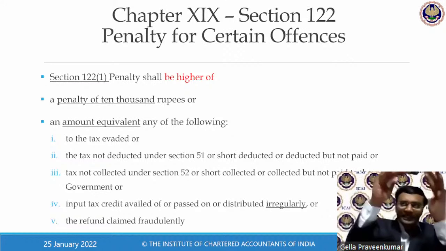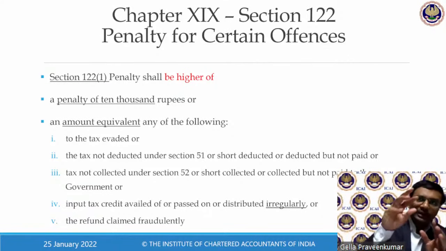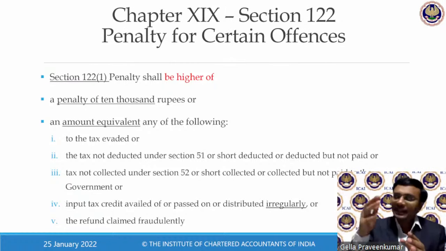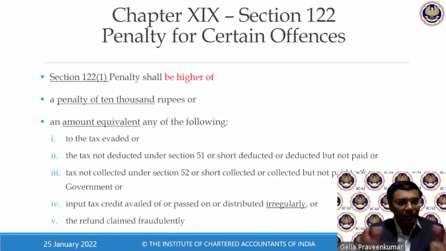Now, all these 21 you make into 4 buckets. If you find out that there is a tax which is evaded, the penalty is either 10,000 or this amount, whichever is higher. Example, sir, I have collected tax without permission of law.